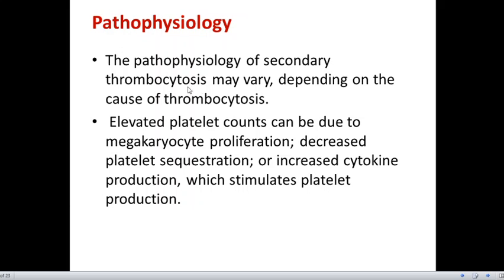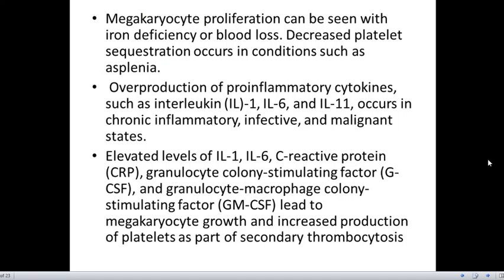So we have the pathophysiology here. Elevated platelet counts can be due to megakaryocyte proliferation, decreased platelet sequestration, or increased cytokine production, which stimulates the platelet production. So pro-inflammatory cytokines like interleukin 1, interleukin 6, interleukin 11 occur in chronic inflammation.